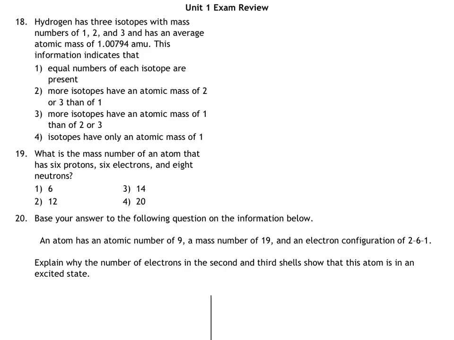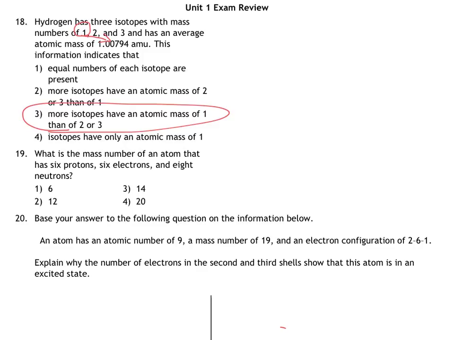It's a little bit higher, but it's basically 1. This information indicates that there are more isotopes that have an atomic mass of 1 than 2 or 3. So since more of the isotopes are this guy, you're going to see that reflected in the average atomic mass.